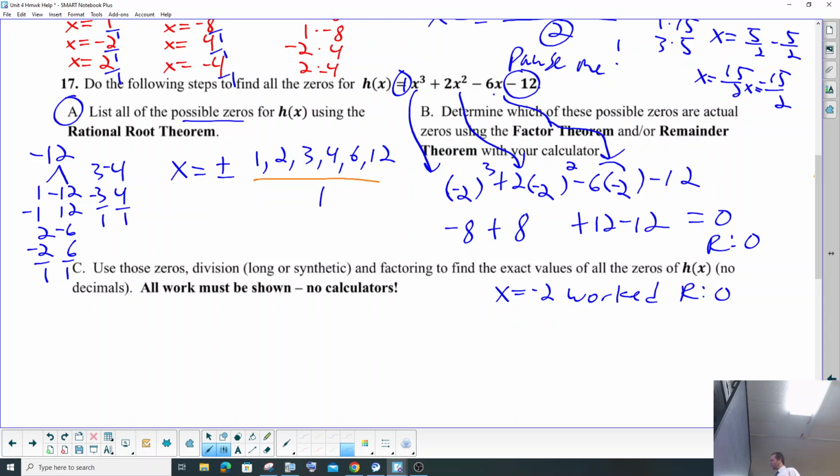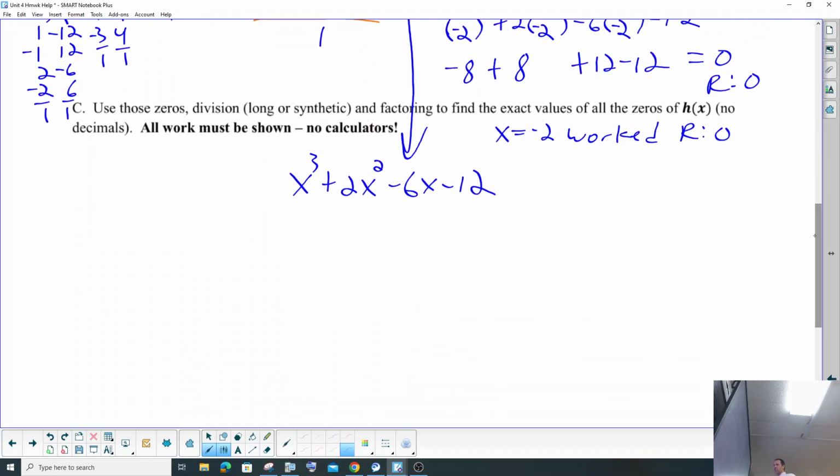And so then let's reverse engineer that. We can just use that now for synthetic division. So we bring down our equation, and we have x to the 3rd power plus 2x squared minus 6x minus 12. Remember, synthetic division just uses the numbers, the invisible 1.